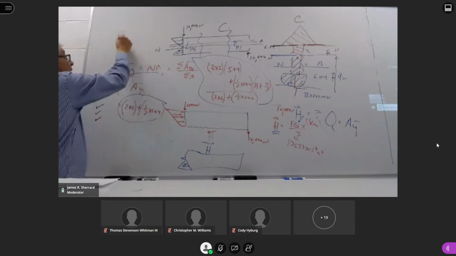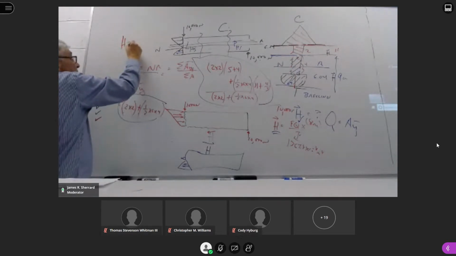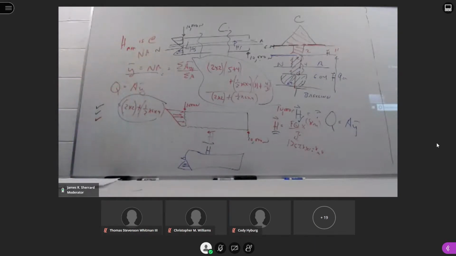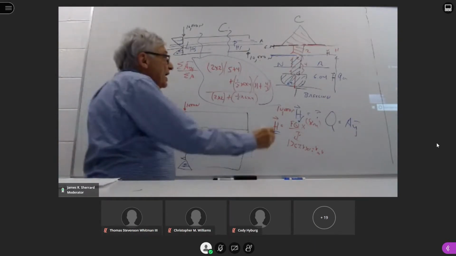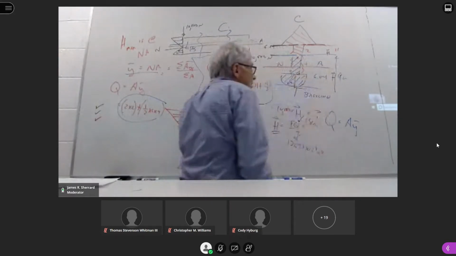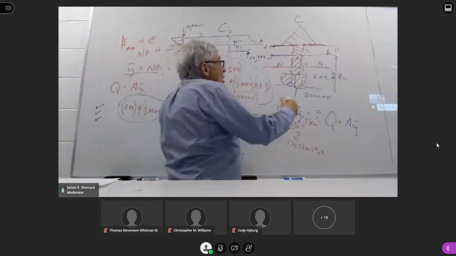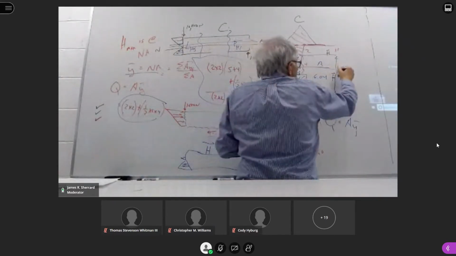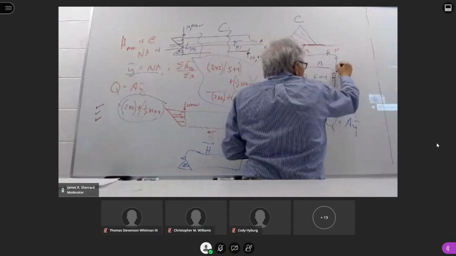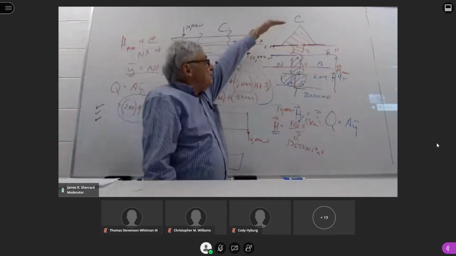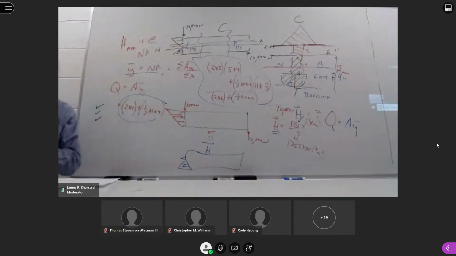H max is at the neutral axis. So wherever the neutral axis is, whether you cut it and look at the top half or the bottom half, this will always have an H max value. And where's the minimum going to be? It's going to be if you cut it at the very top or very bottom, and it's going to be 0. Okay. Any questions on that quiz?